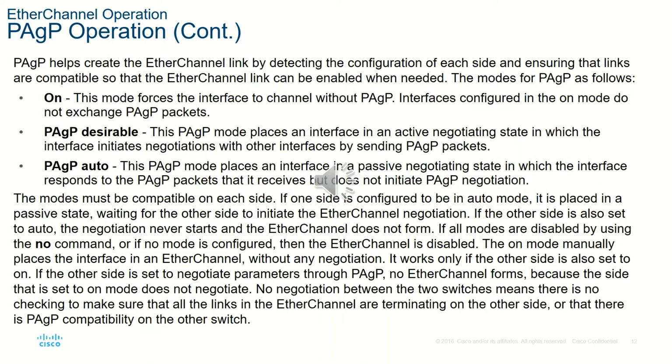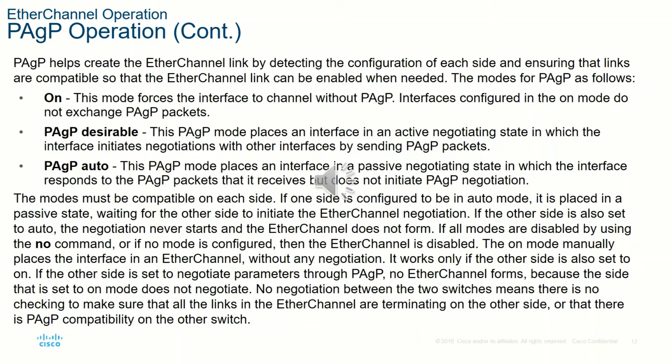We will discuss the PAgP operation in detail. EtherChannel can be formed through negotiation using one of the two protocols, PAgP or LACP. Or I can put it like this: an EtherChannel can be created statically or it can be created dynamically. The EtherChannel can be manually created or it can be dynamically created with the help of the PAgP or LACP protocol.